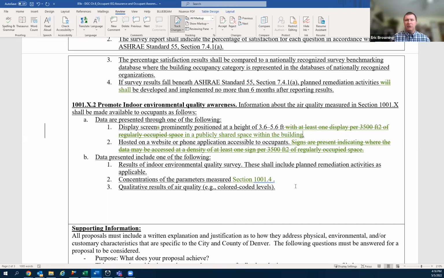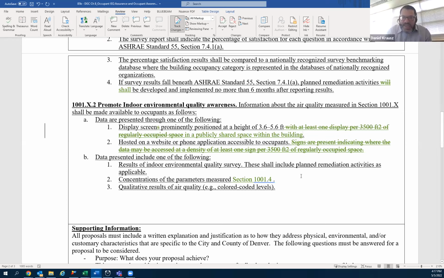But if you go into any particular suite, you definitely have different air quality depending on where you're at in the building. Only having one, and especially using the term publicly shared space, there are a lot of restricted areas and spaces that are challenging to access and wouldn't provide visibility to that screen. So I think we need to look at amending that to serve the purpose that is intended. The awareness provided for the occupants isn't going to be there.